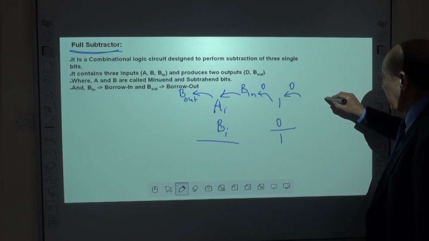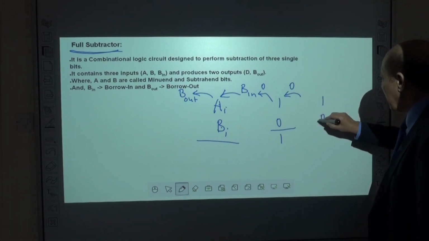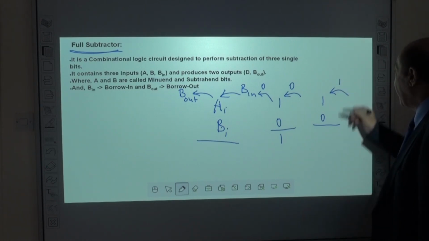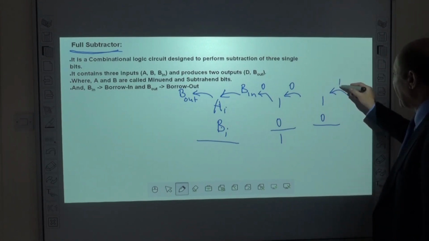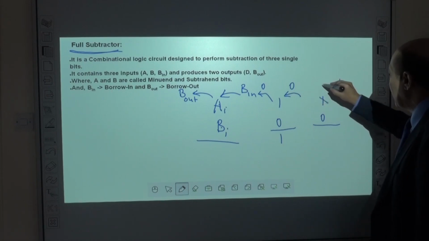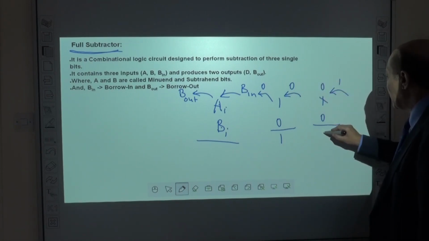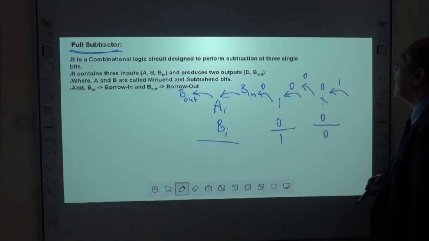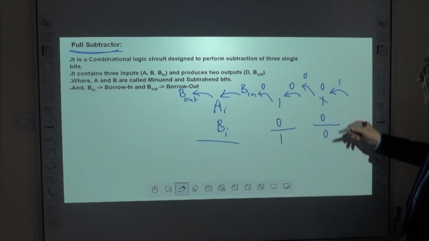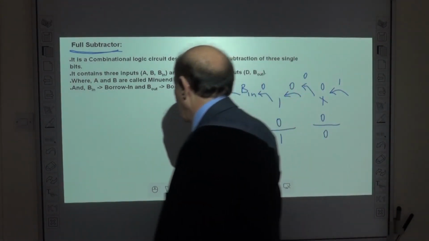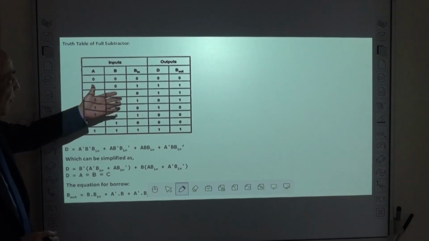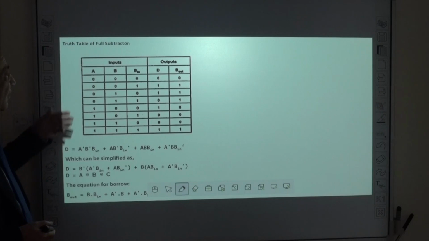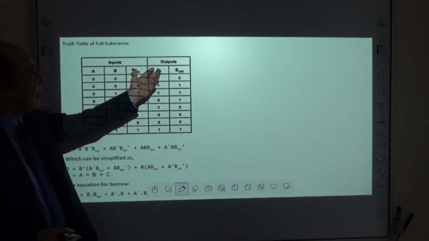If we are subtracting 1, 0, and there was a borrow from the previous stage, the borrow from the previous stage changes this bit to 0. So 0 minus 0 will be 0, and there is no need to borrow from the next stage, etc. According to this logic, you can obtain the truth table for the full subtractor: A, B, borrow in, difference, borrow out.